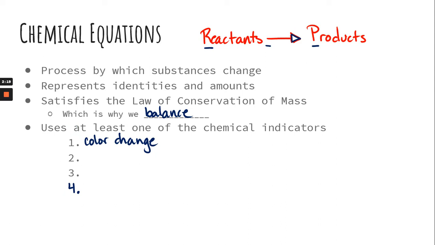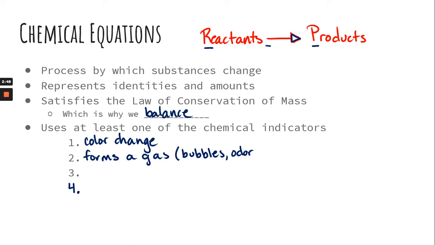The second indicator we have is the formation of a gas. And so if we're in the lab and we're doing some experiments and we have the formation of a gas, we might see that by seeing bubbles if it's in a solution, or there might be an odor, but not all gases have odor, so you can't say that one of the indicators is smell because that's not going to be accurate.